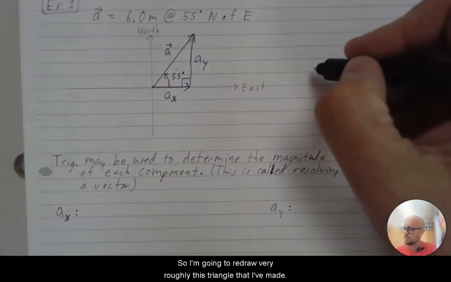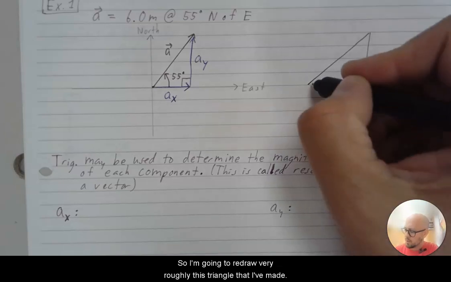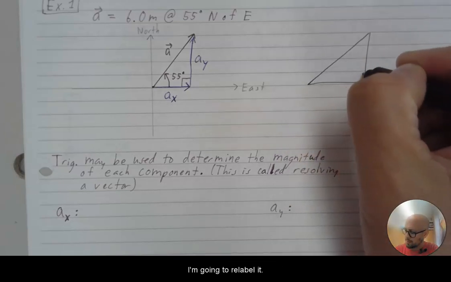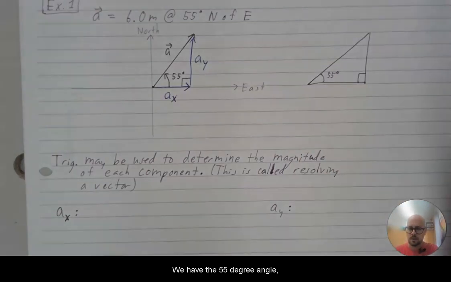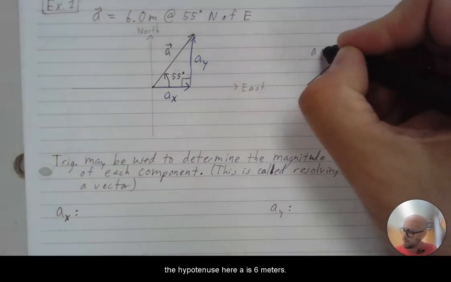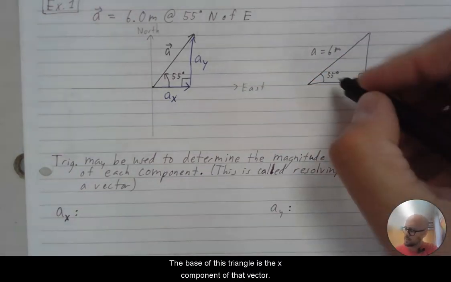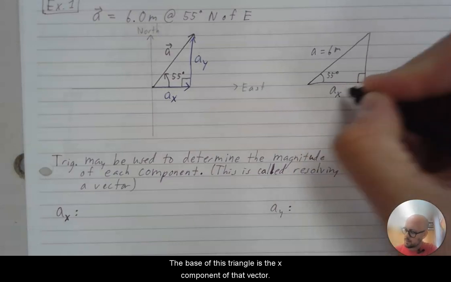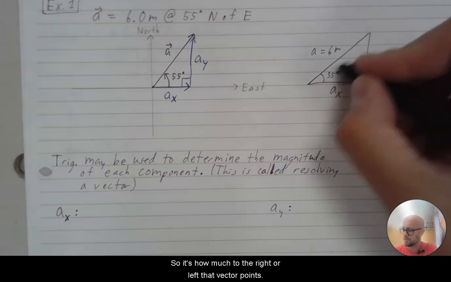I'm going to redraw very roughly this triangle that I've made, and relabel it. We have the 55-degree angle. The hypotenuse here, A, is 6 meters. The base of this triangle is the x component of that vector, so it's how much to the right or left that vector points.